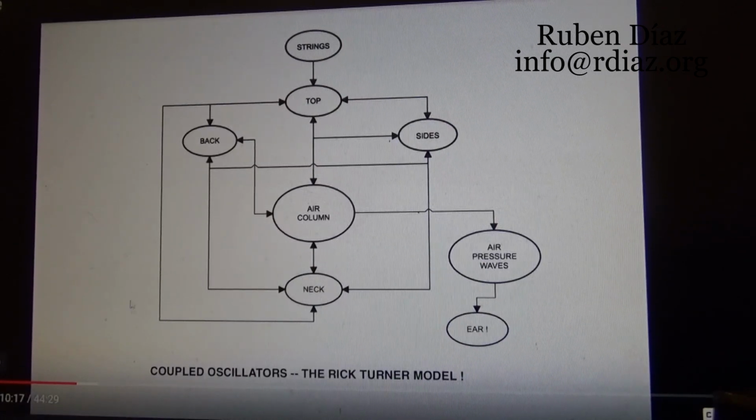The neck does affect the top, and it creates more energies on the air column, which in its time goes to the sides, and then it goes again to the top, then it goes again here. So this is all how it goes until the air pressure waves, which we will explain in a moment. Mr. Bourgeois will say what it is about those waves, and that's how you listen to music.